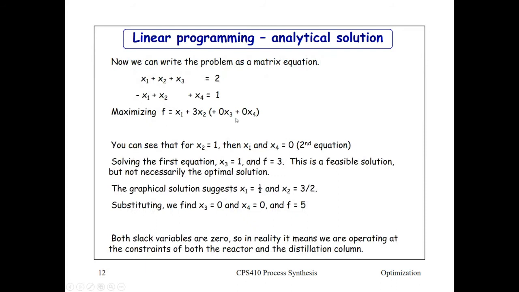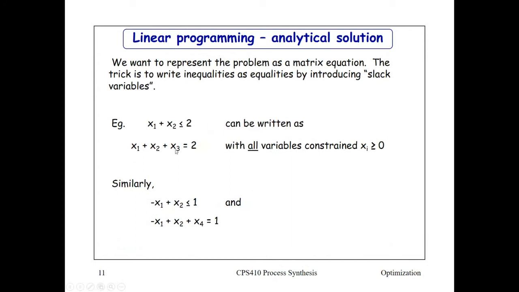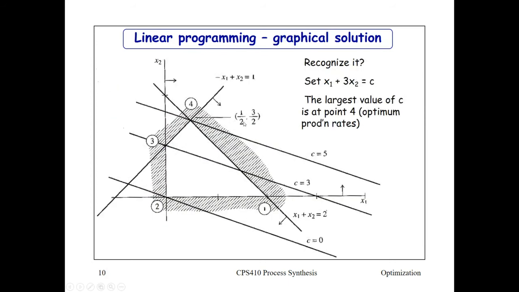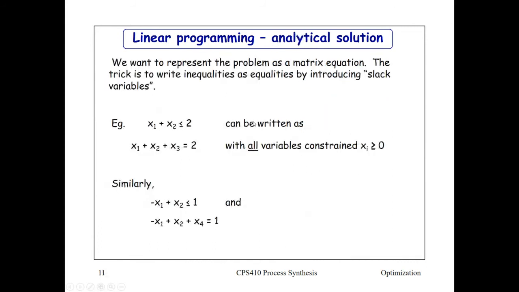Okay, so how we choose x3. Oh, x3, right, this one. I thought it was multiplied by 3, which is the objective function. Okay, so x1 and x2 less than or equal to 2 means that, in that final example here, we found a solution against the constraint where x1 equals a half and x2 equals 1.5.